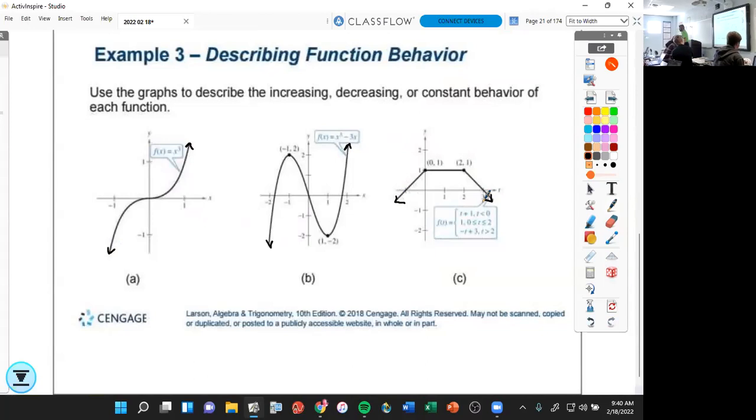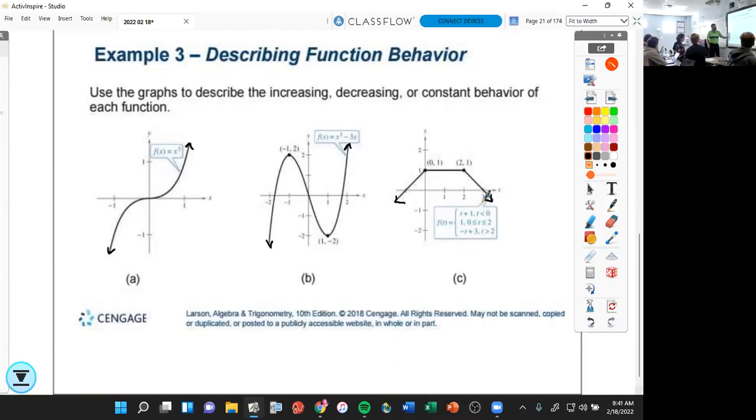Graph A. When is graph A increasing? You say in quadrant one, you say everywhere. Always. Reading from left to right, this graph is always increasing.